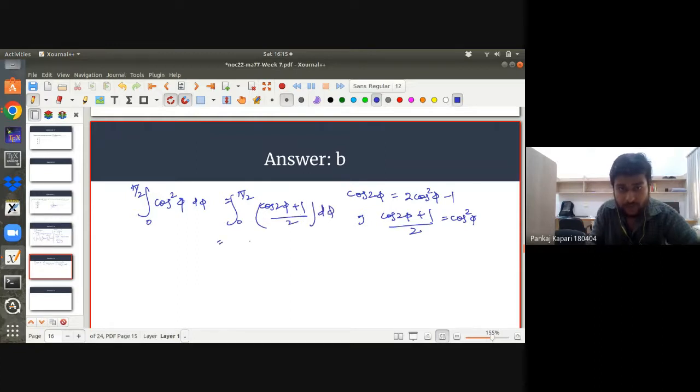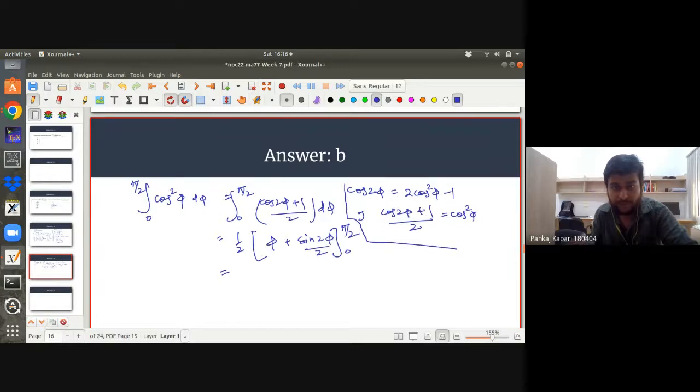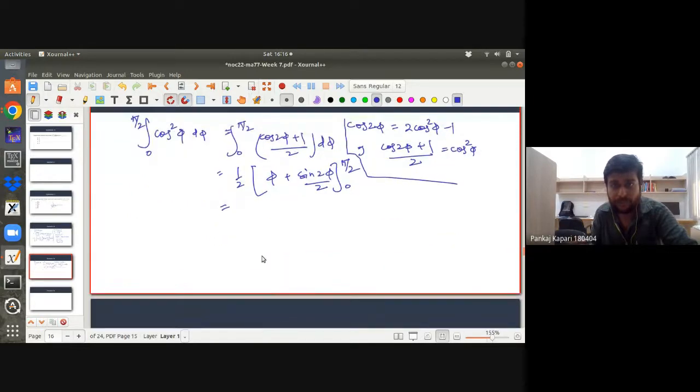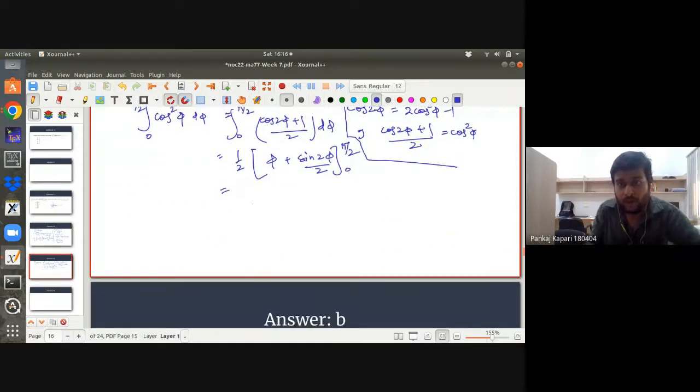Half will come out, and this is phi plus sin 2 phi divided by 2, and you take limits from 0 to pi by 2. So this will just give you pi by 4.